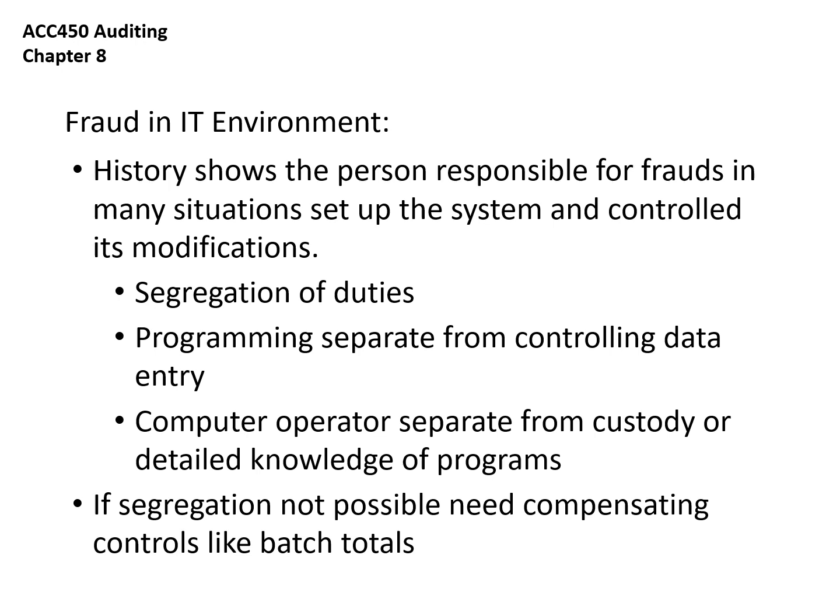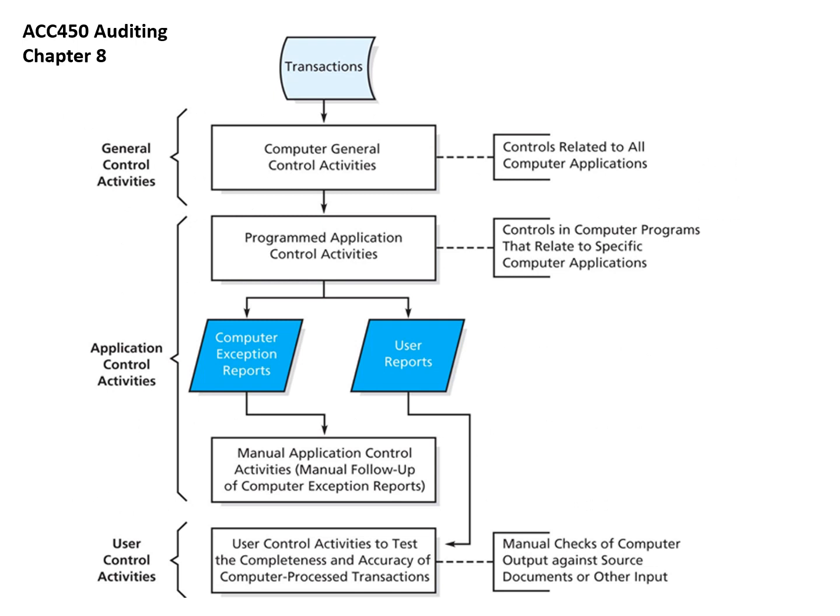So as an example, they can't steal money and then create a change in the system that covers the tracks that they've stolen money. And then computer operators should be separate from custody or detailed knowledge of the program. So those two functions should be completely separate from one another.